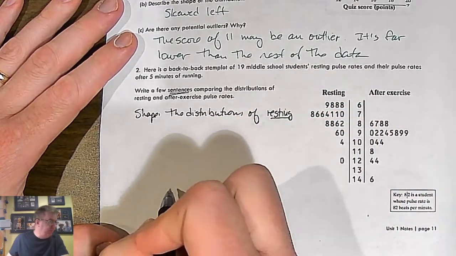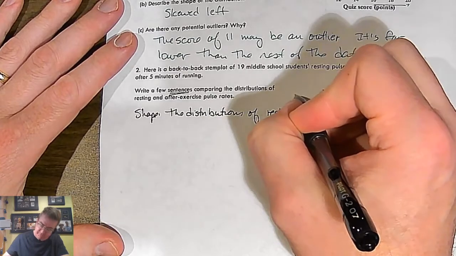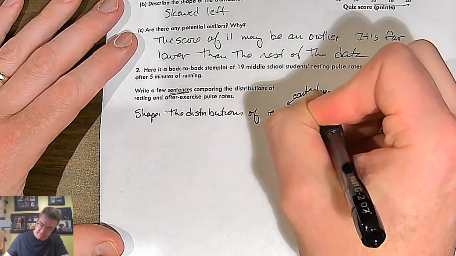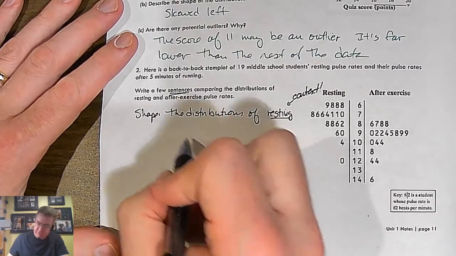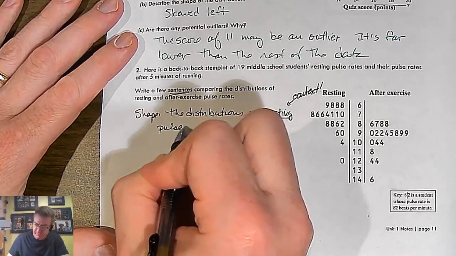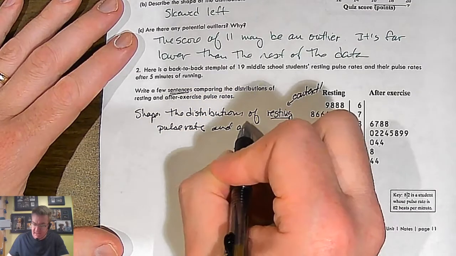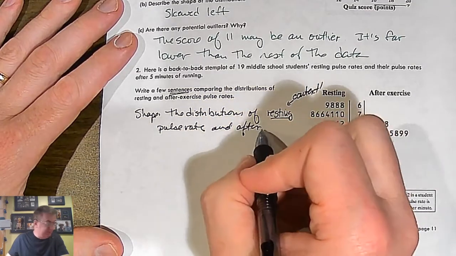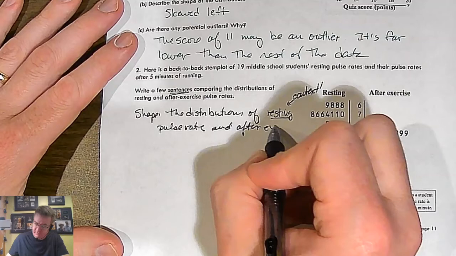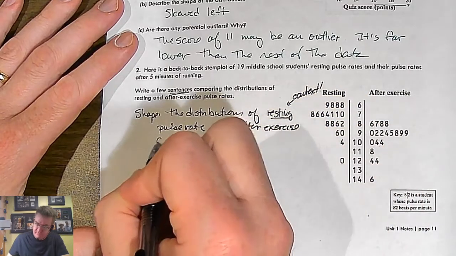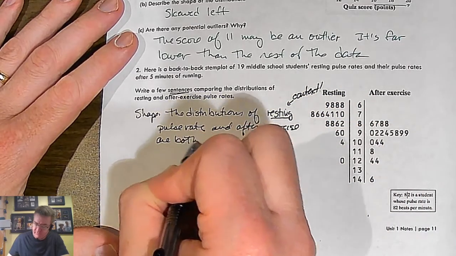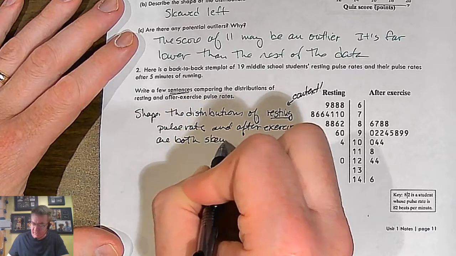There you go. That's important. Okay, context. So resting pulse rate and after exercise are both skewed right.